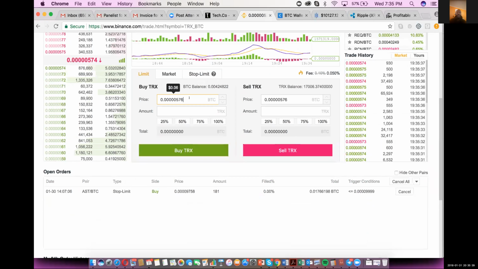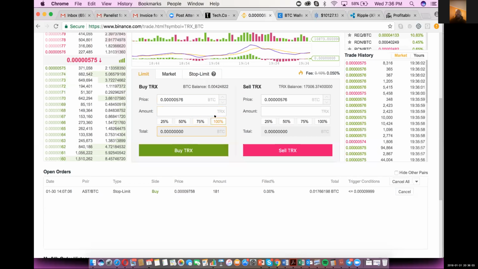On Binance, they make it a little bit easier for us. One, when you enter the amount, if you see that little box on top of it, it tells you the actual fiat currency and how much it's worth. Two, on the bottom there, you see 25, 50, 75, 100%. That's the amount that you would purchase out of the Bitcoin that you have in there.